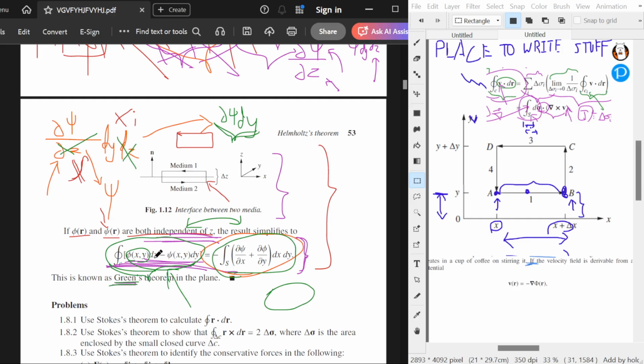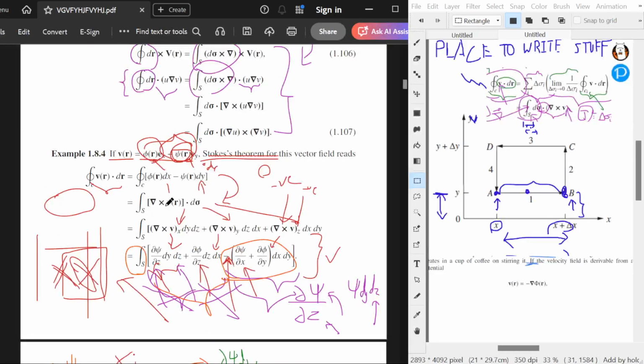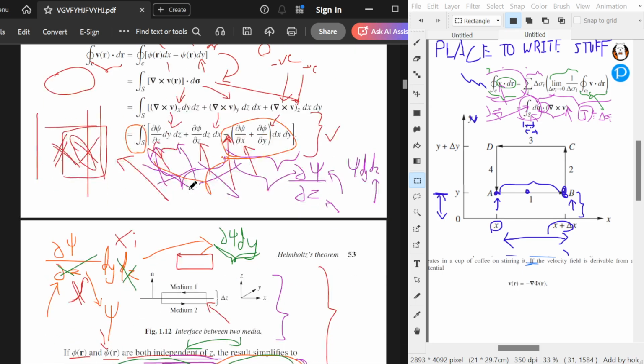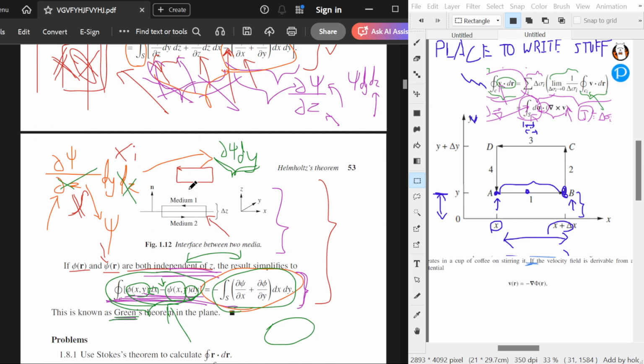There's a minus here though. Why is there a minus here? Is it just because this is a minus here? I think it is.